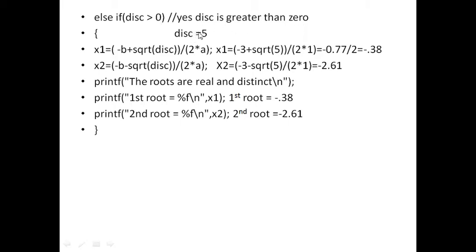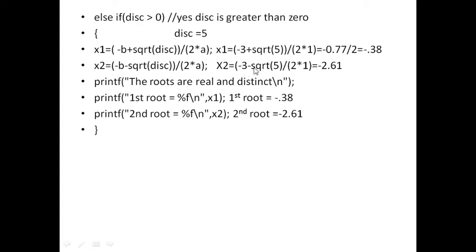So it will check this condition, and x1 is equal to minus b plus square root of disk divided by 2 into a, and x2 is equal to minus b minus. So the difference between these two is here it is plus and here it is minus, and the rest is the same. So here x1 is equal to minus 3 plus square root of disk, which is 5, divided by 2 into 1.